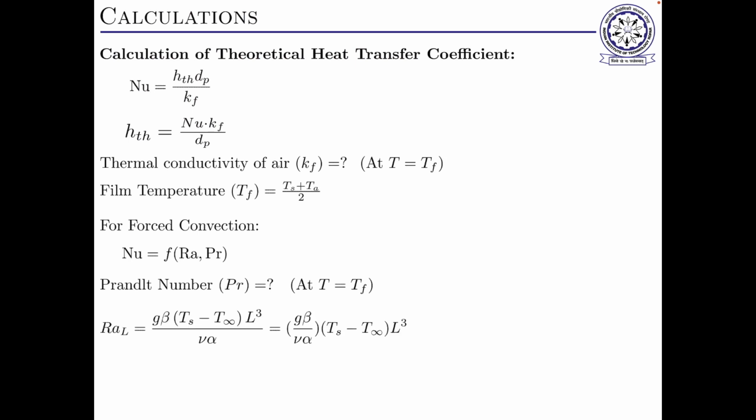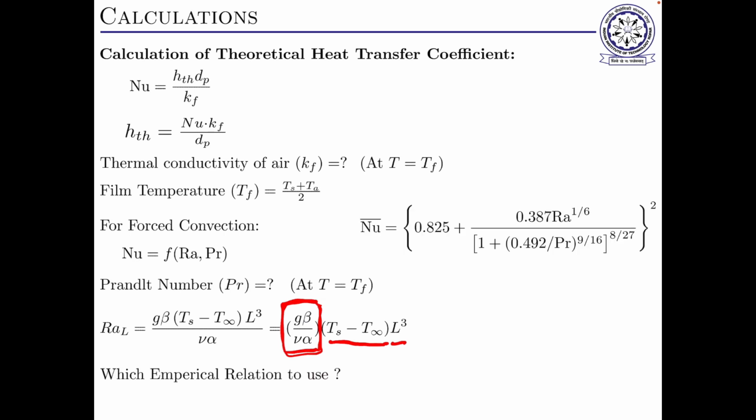Rayleigh number, as I already showed you, this thing is already there. At the film temperature, this part is clubbed together for ease. Simply we need to take temperature difference and height raised to the power 3. We will get the Rayleigh number. And which relation to use, I already explained, the vertical plate relation will work, so the Churchill and Chu correlation will work, and using this correlation you can put Rayleigh number here, Prandtl number here, and we will get this Nusselt number, and that's it.